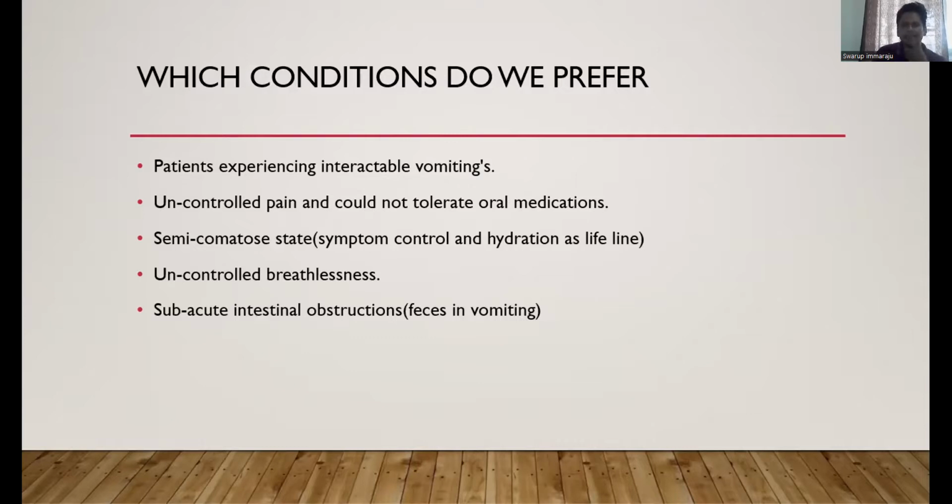Sometimes I see patients with a lot of fecal vomiting even. Even such patients can be managed with the subcutaneous route. So, number one, patients experiencing intractable vomiting, and patients with uncontrolled pain who cannot tolerate oral medications.